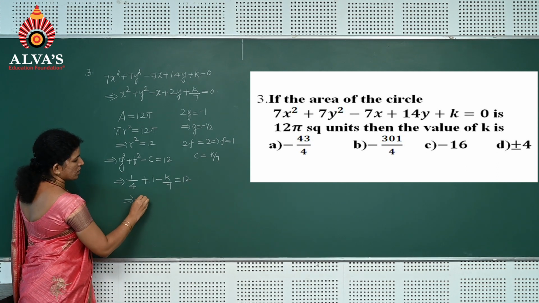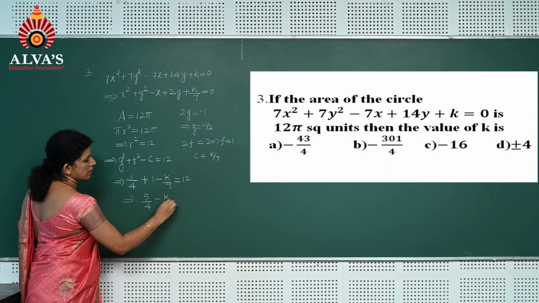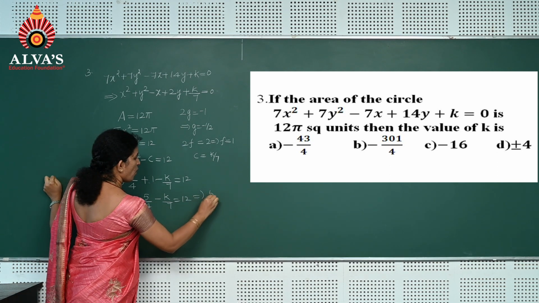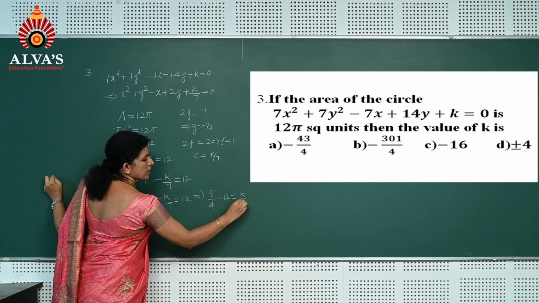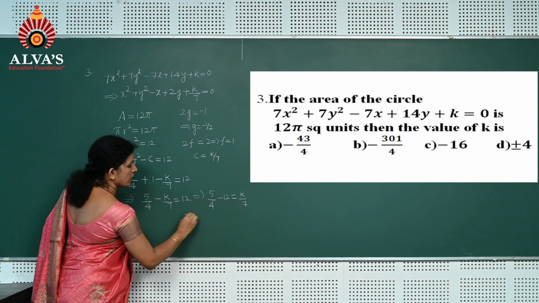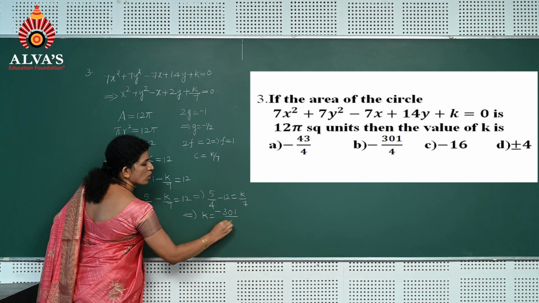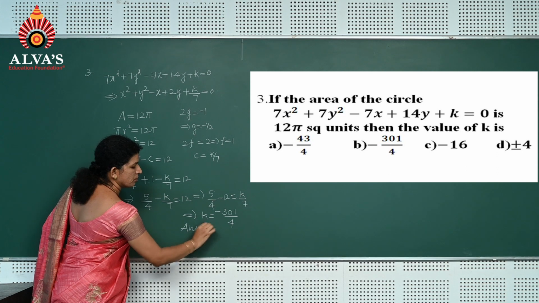Simplify this one, it is 5/4 - k/7 = 12. So that 5/4 - 12 = k/7. Simplify and we get the k value as -301/4, so that the answer is B.